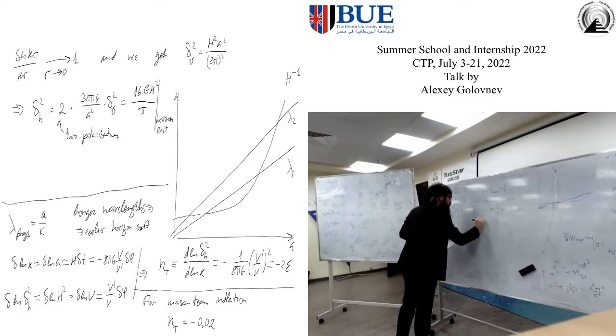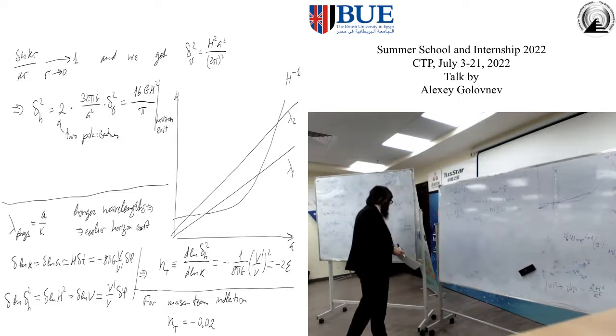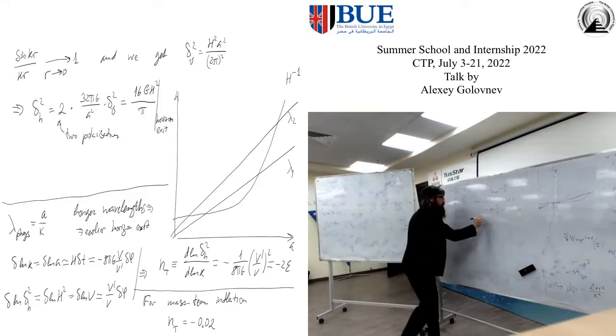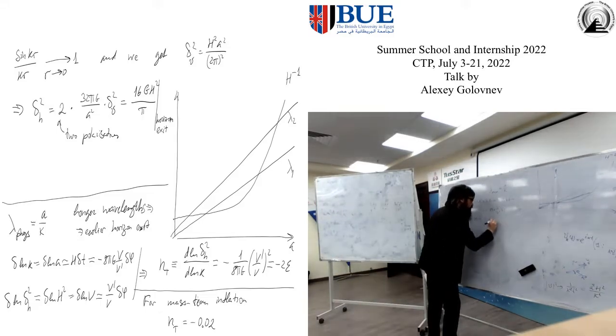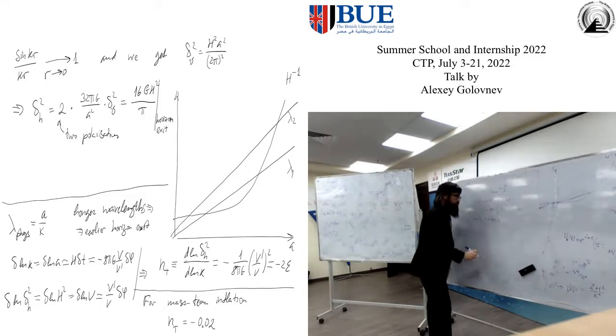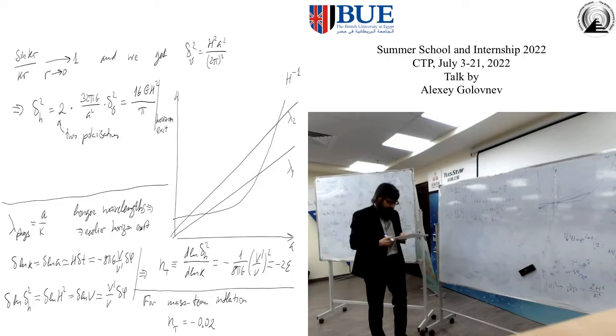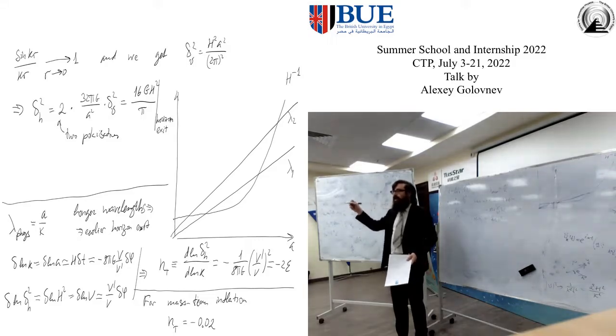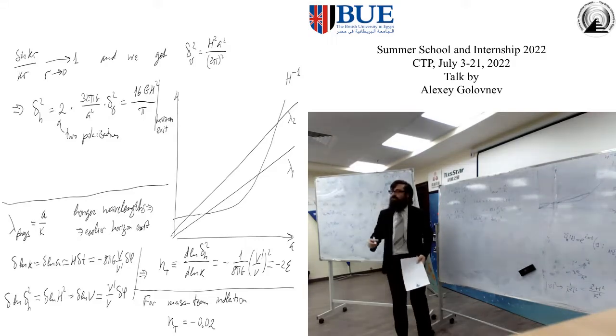On the other hand, for the variation of this power spectrum, all the coefficients here are constant. So it means that it's just two times the variation of the logarithm of H. Let's say just the logarithm of H squared. And how do I calculate that? 3H squared is equal to 8 pi G V, the energy of the scalar field.